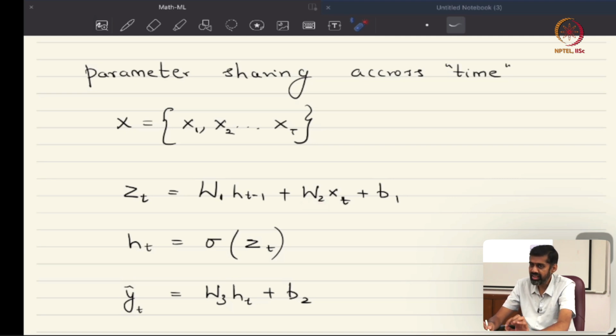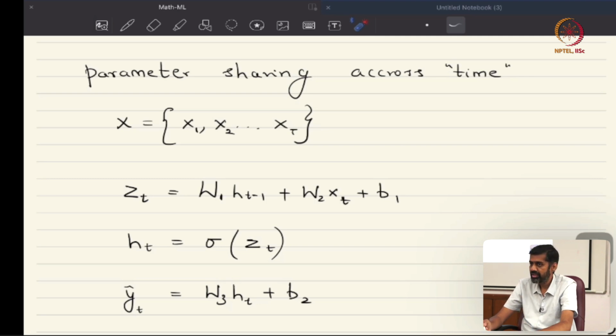Here it is a function of both the input x and the previous hidden state, because there is sequentiality that has to be maintained. ht, the current hidden state, is a nonlinear composite of zt, and the output is simply a linear transformation of the current hidden state.